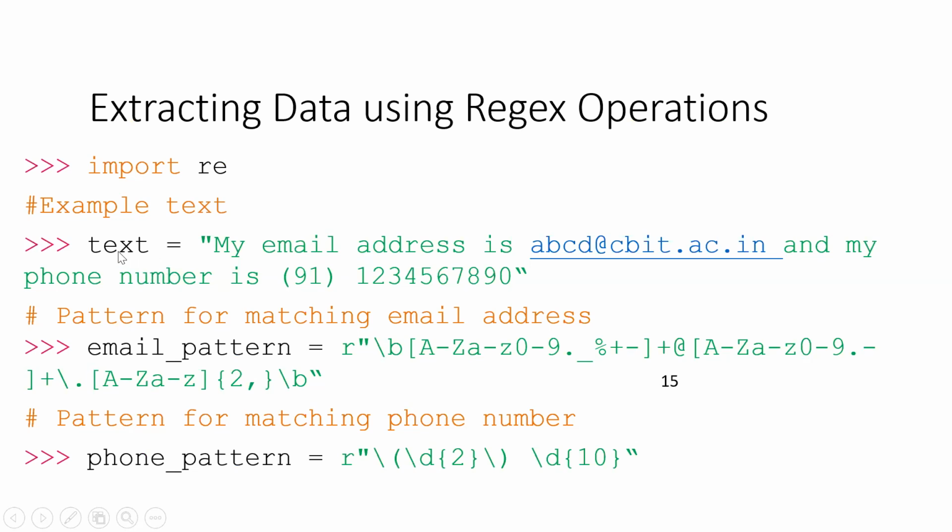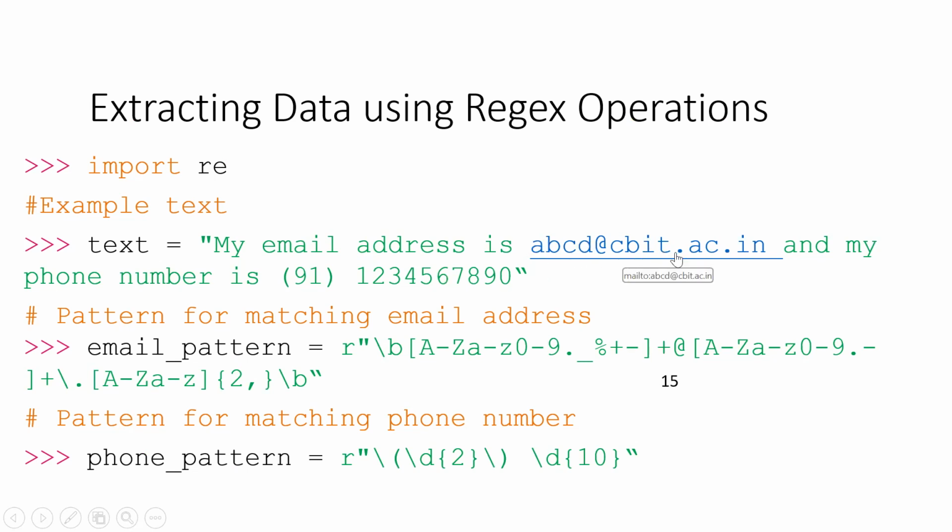So for that, we'll take an example. Now I have taken this text, and my email address has some pattern. My email address should be in this format, that is A, B, C, D. After the characters, there should be this @ symbol, and after that CBIT, and a dot should be there. Here 2 characters, and after the dot, 2 characters should be there. So this is my pattern.